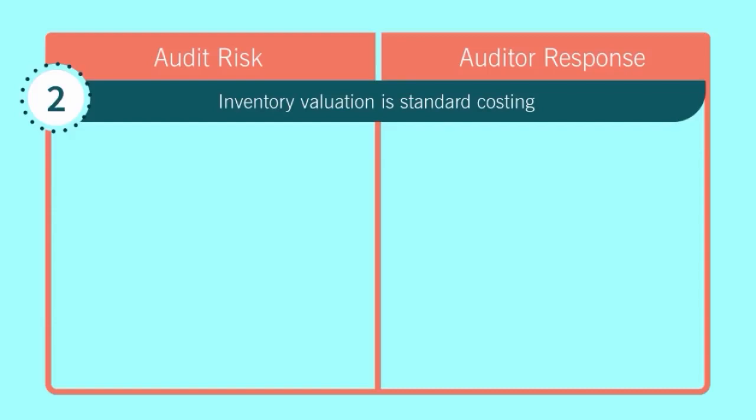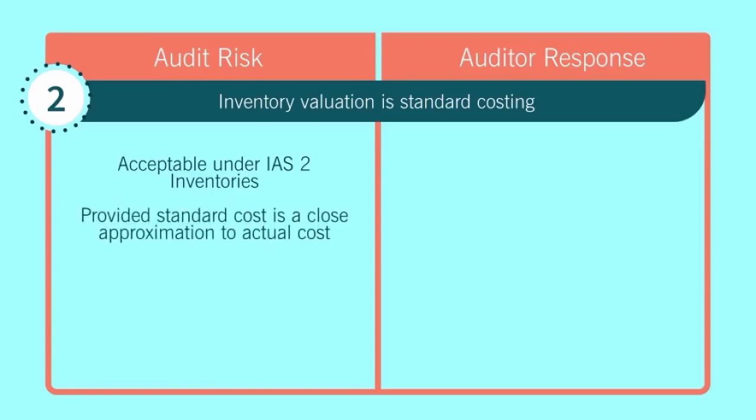costing. This method is acceptable under IAS 2, inventories, only if the standard cost is a close approximation of the actual cost. The company has not updated its standard costs since the product was first developed.